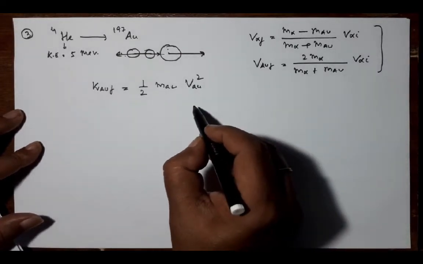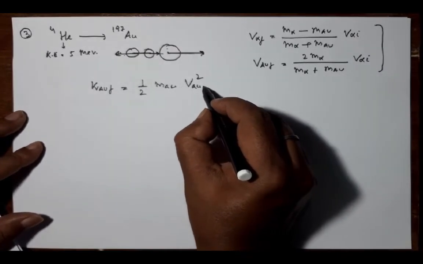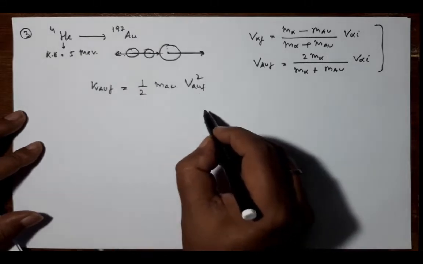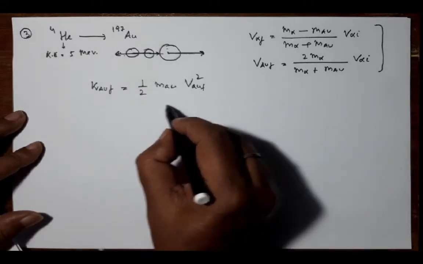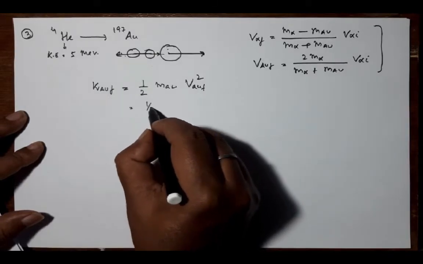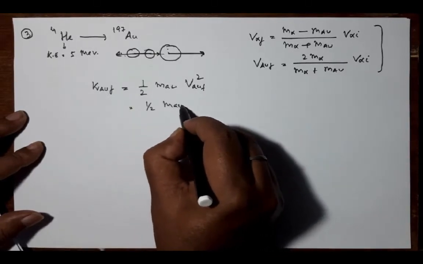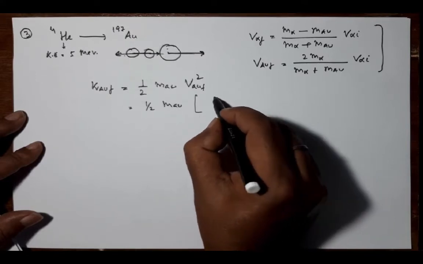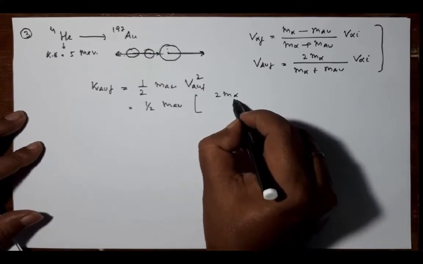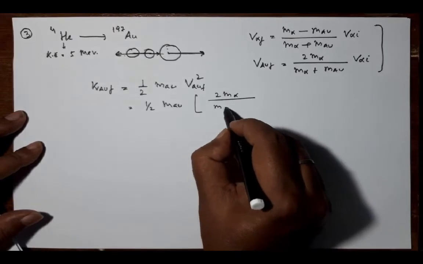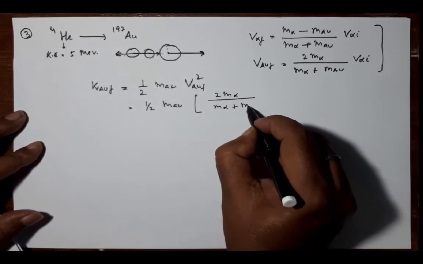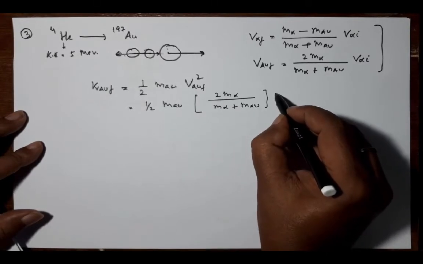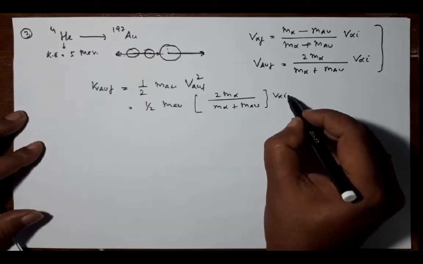No problem. Now we can write it as half M AU times 2M alpha upon (M alpha plus M AU) times V alpha I, whole square.